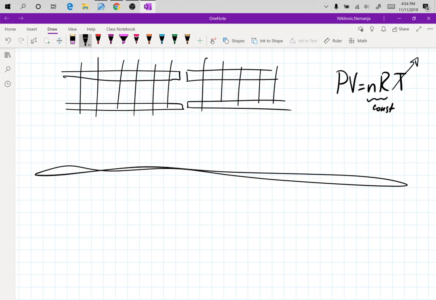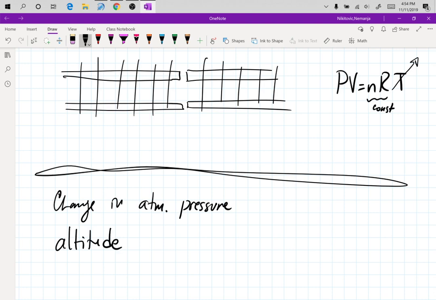All right, let's take a look at this problem. Change in atmospheric pressure when the altitude increases.